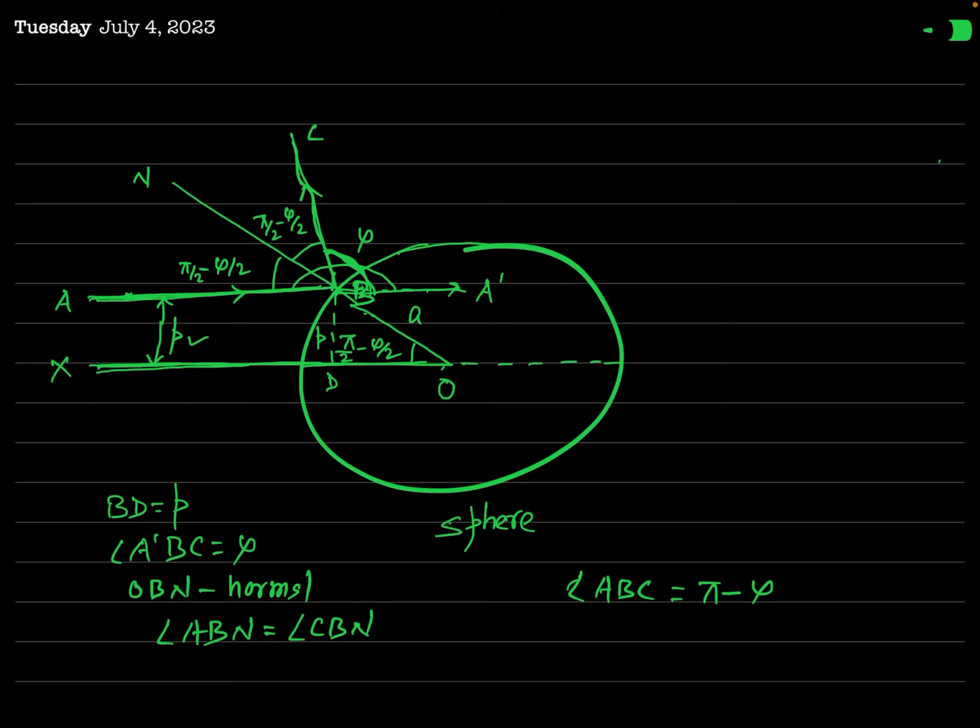But angle ABC is the sum of angle ABN and CBN, both of which are equal. So angle ABN will be equal to angle CBN, and this will be pi minus phi divided by 2, so this is pi by 2 minus phi by 2.